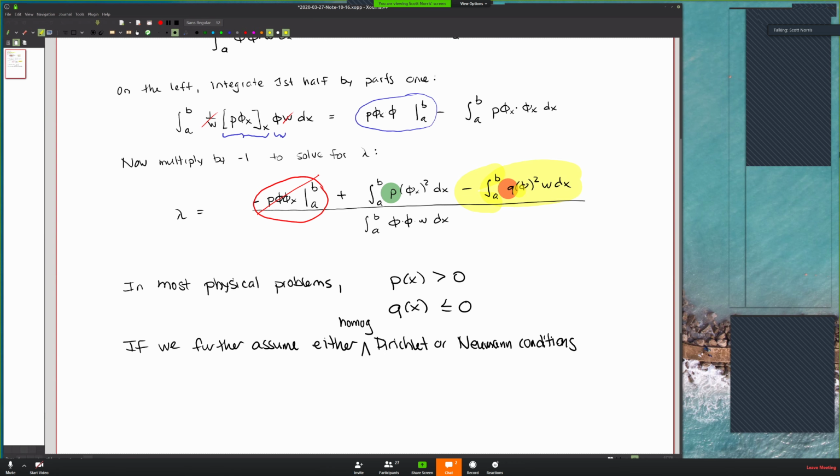But we did see 0 eigenvalues occasionally in some of our problems. And that can happen if Q equals 0. So if P is positive and Q is 0, then the eigenfunction that we've most typically associated with a 0 eigenvalue is a constant, right? 1. And so this phi x term could be 0 if phi is a constant.